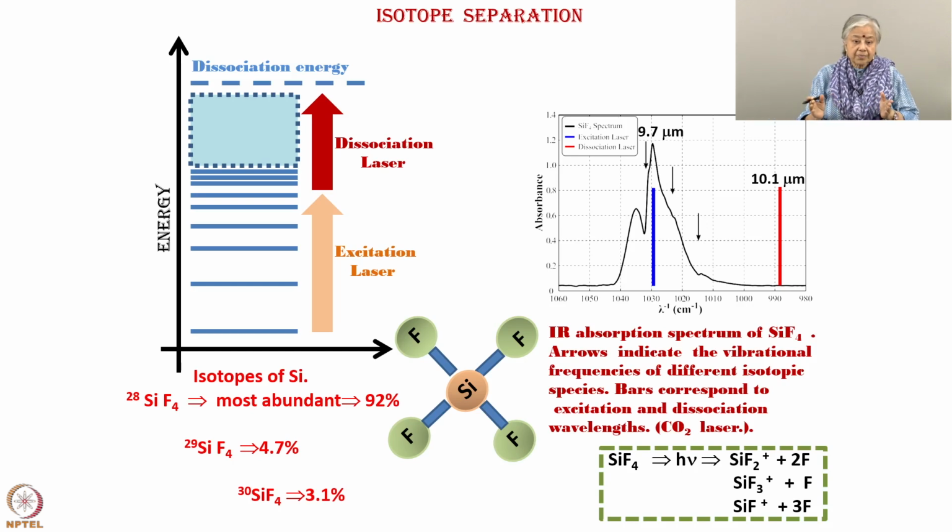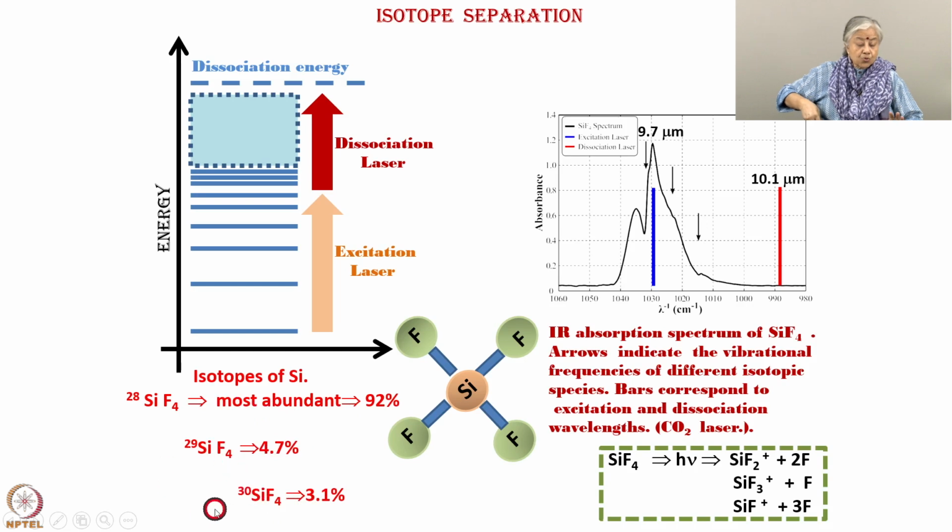For example, I have just taken this example of silicon fluoride, SiF4, where Si28F4 is the most abundant, 92% is available in nature. And SiF429 is 4.7%, all available in nature.